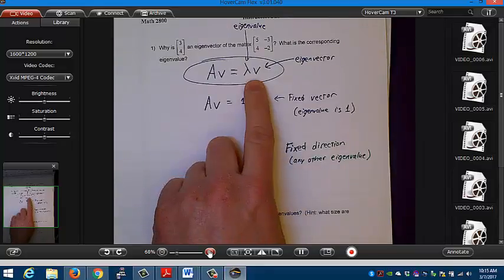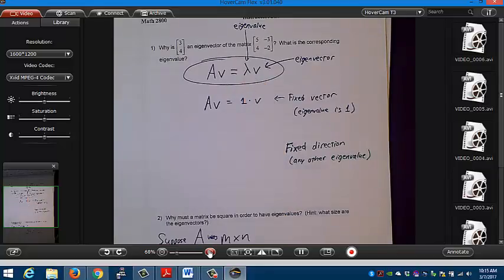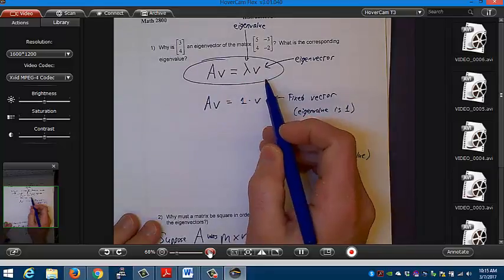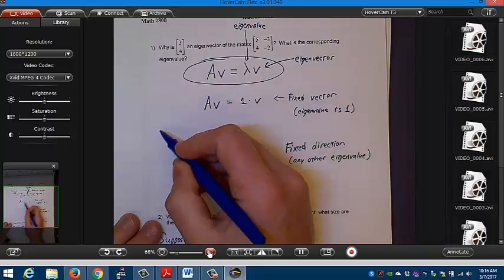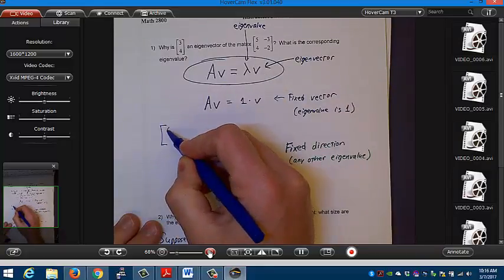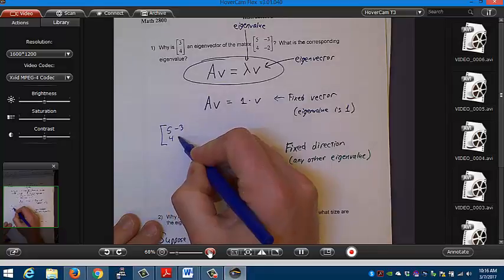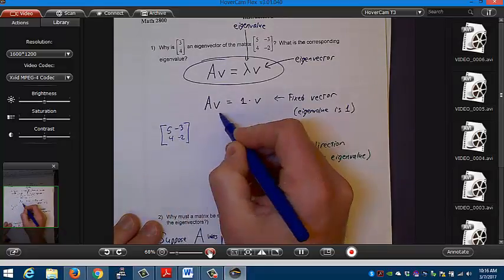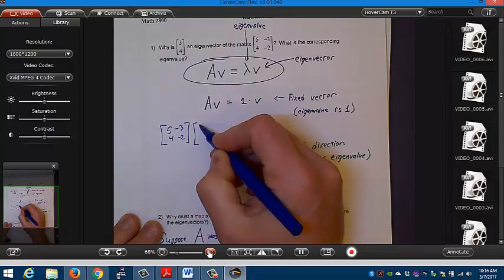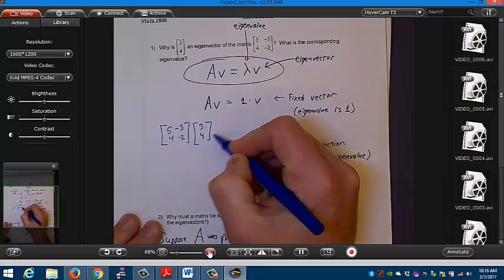It turns out that in this particular example, all you have to do to show that you have an eigenvalue here, and some of you did, was you take your matrix A, [5, -3; 4, -2], multiply it by v, (3, 4), and what do you get?